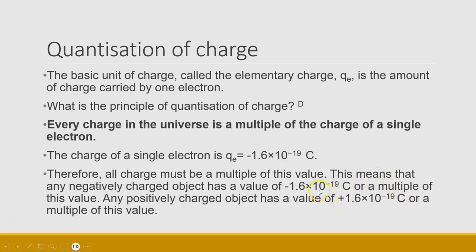So the charge of that sphere will be positive, and it will have this value of positive 1.6 times 10 to the minus 19 coulombs. And if I've removed 3 electrons from my neutral sphere, then it will again have a positive charge, and the value of that positive charge will be 3 times 1.6 times 10 to the minus 19 coulombs.